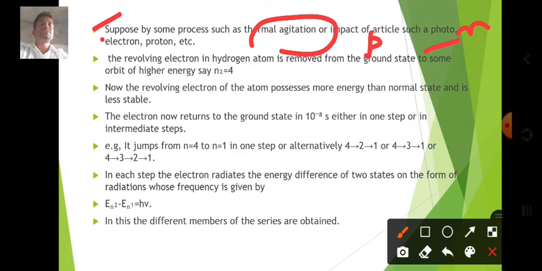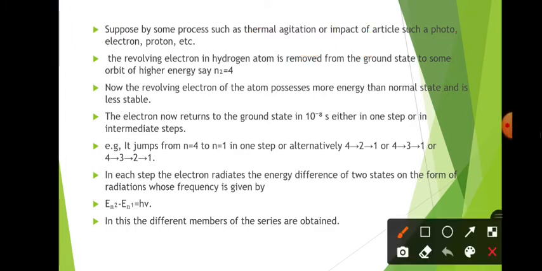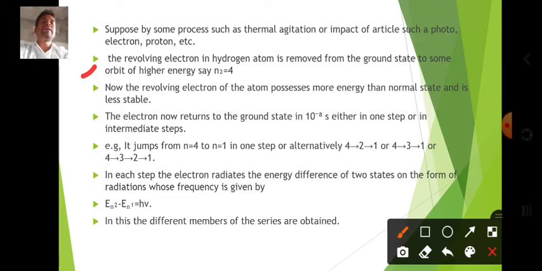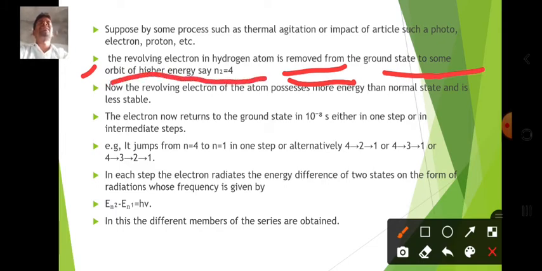Then what happens? See here in the second line, the revolving electron in the hydrogen atom is removed from the ground state. And then what happens? The removed electron can jump to a higher energy state. Let that higher energy state be n equals 4, right? So that electron is jumped to the 4th state.